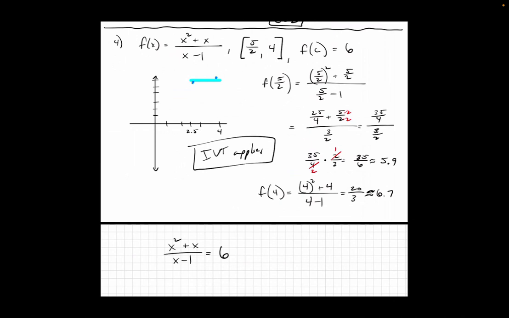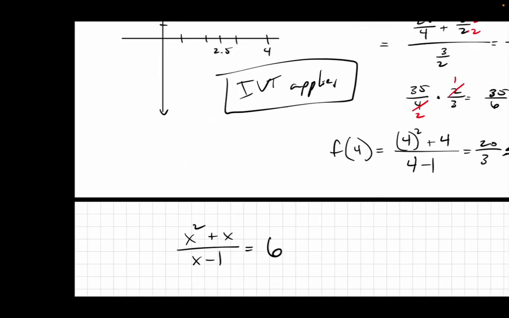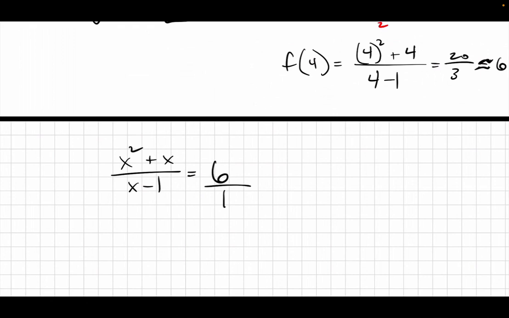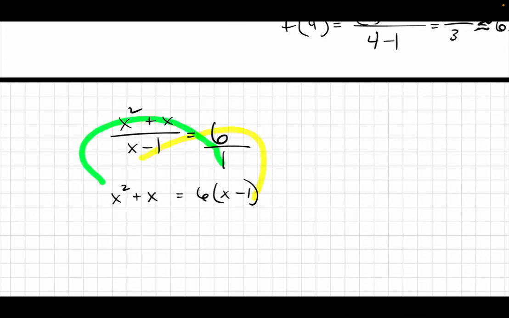How do we do this? There are different ways to do it. The easiest way is probably cross multiply. Make that a fraction and do diagonal multiplication. Anytime you have a fraction equal to a fraction, you can do that. So you get x squared plus x equals 6 times x minus 1. Distribute the 6: 6x minus 6.